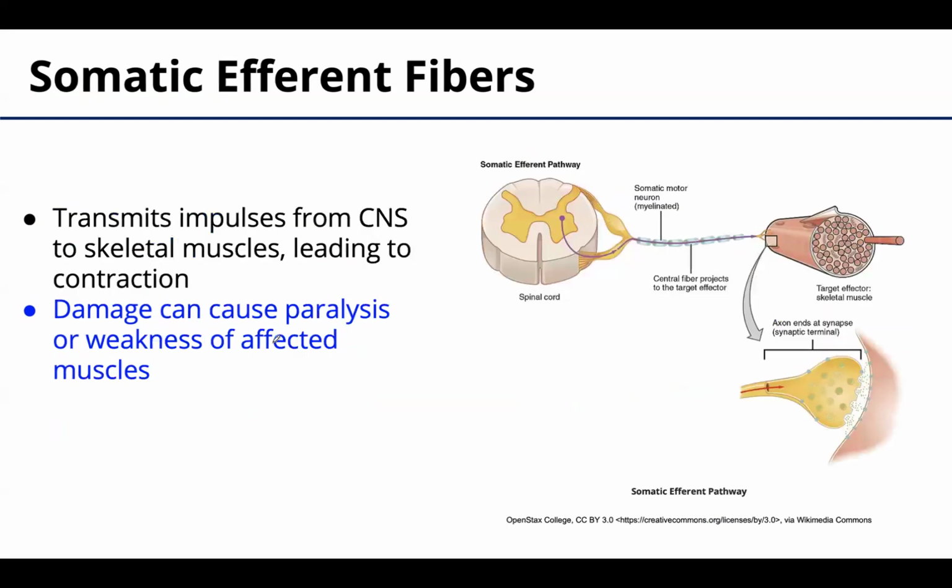Now let's move to efferent or motor fibers. Usually when you think about motor fibers, you think about these somatic efferent fibers, and these transmit an impulse from the CNS specifically to skeletal muscle, leading to some form of contraction. So skeletal muscle is somatically, not autonomically controlled.